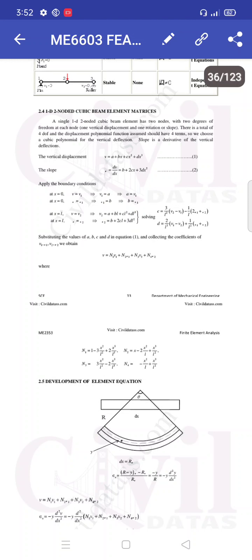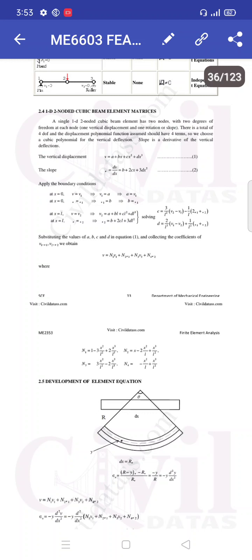One-dimensional two-noded cubic beam element matrix is a single two-noded cubic beam element. It has two nodes with 2 degrees of freedom at each node: one vertical displacement and one rotation or slope.